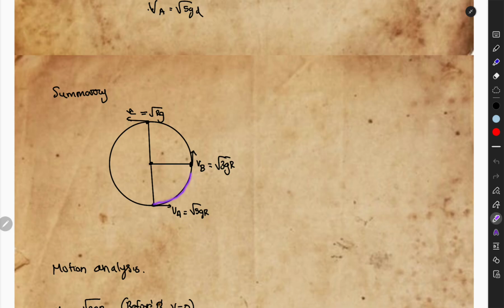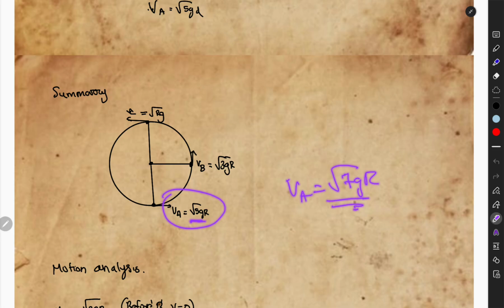So when it goes in motion like this, you will get vb, which is equal to root under 3gr. And then it reaches here with the velocity root gr. They can give some questions like va is equal to, let's say, 7gr, we will be seeing after this.